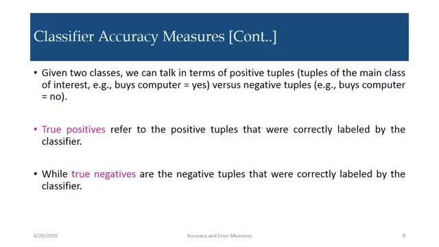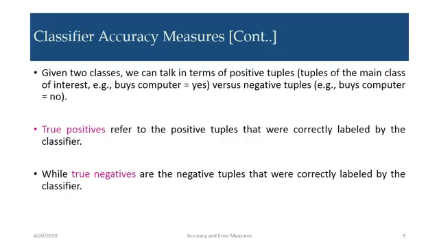Now, what are true positives and true negatives? True positive refers to the positive tuples that are correctly labeled by the classifier. Suppose we have a positive tuple, that means the tuple belongs to the yes category, for example buys computer yes.